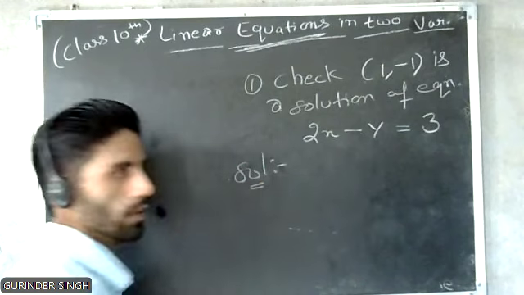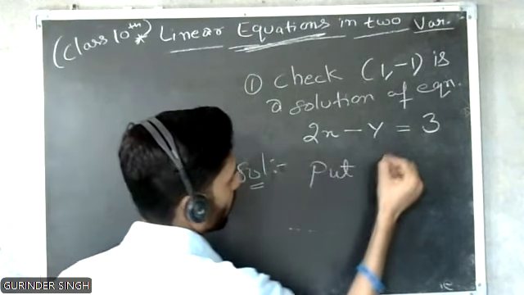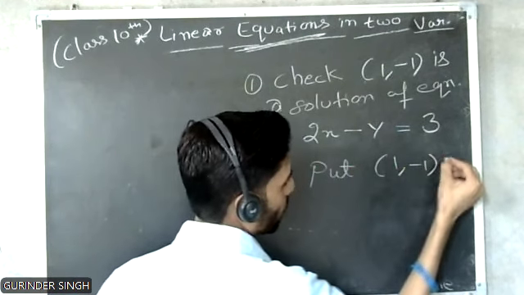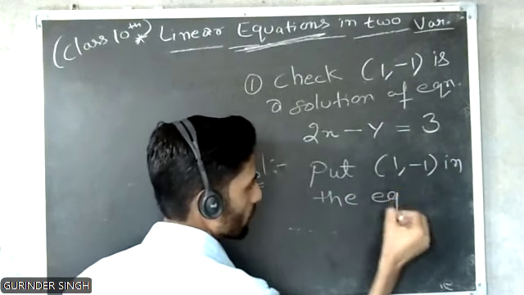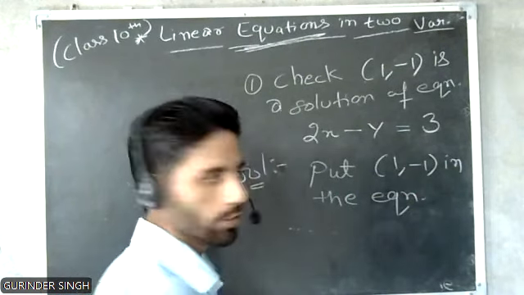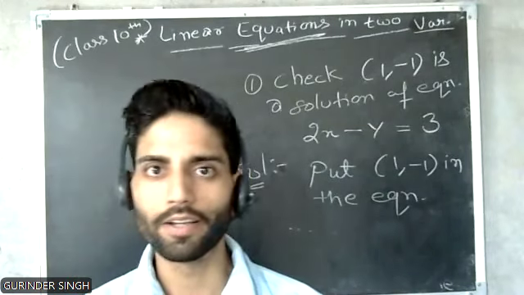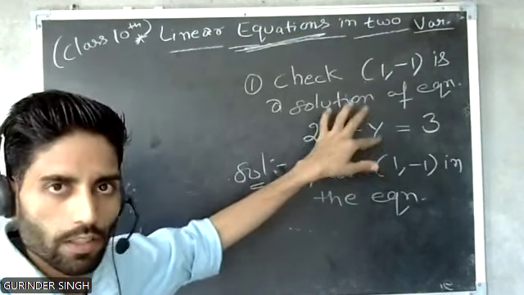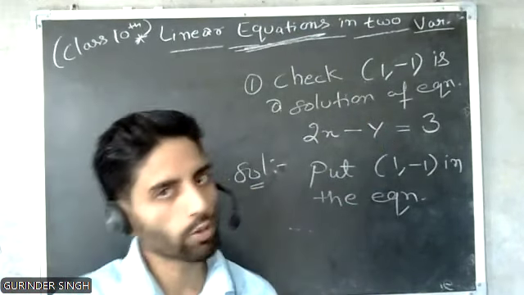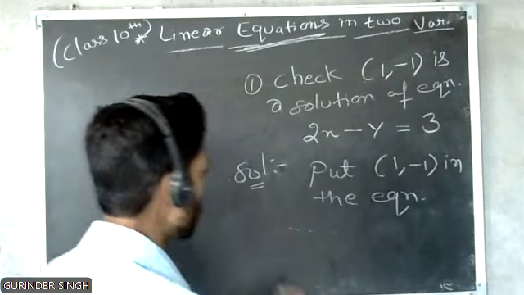So what is the solution? Put 1 comma minus 1 in the given equation. If left hand side is equal to the right hand side, then this point is a solution of this equation. If left hand side is not equal to the right hand side, then this point is not a solution. Let me check.